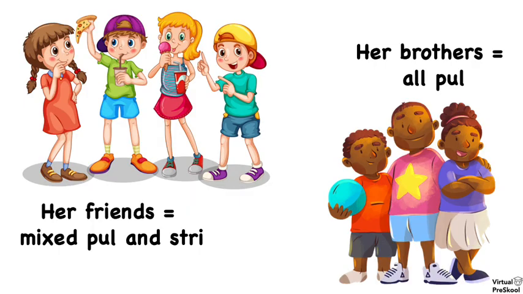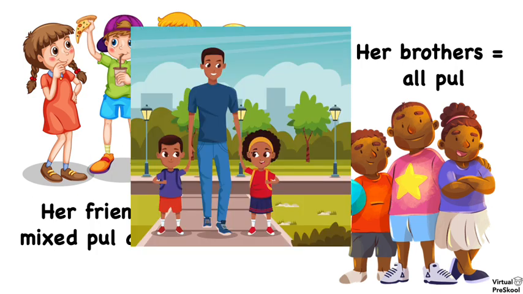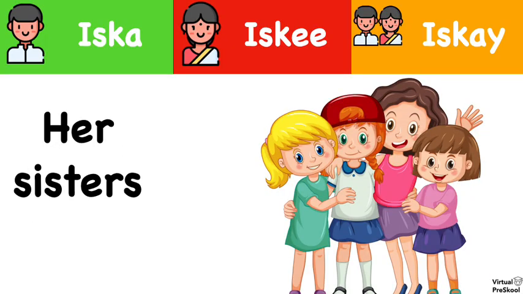Remember, our rules are that if you have a mix of pulling and stri and more than one, then you get an iske. And also, if all of the objects are all pulling, like her brothers, then we use iske also. So in this case, we had kids, so we use iske.